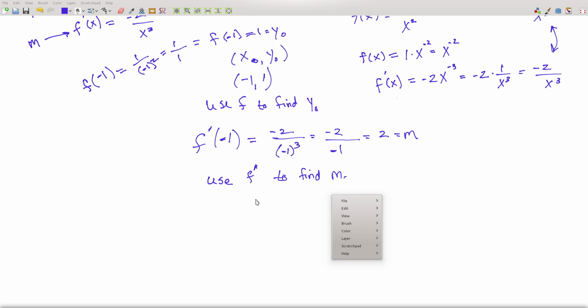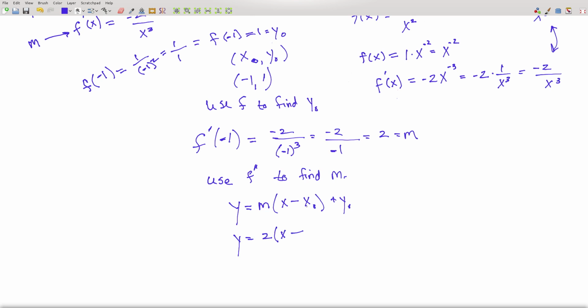And now can we plug these into the equation? Let's plug it into the point-slope form. Just to remind you, this is the point-slope form of an equation: y equals m times the quantity x minus the x-coordinate, plus the y-coordinate. We now know all of these. So we have y equals, what was the slope? The slope was 2, which we used the derivative to find. So it's 2 times the quantity x minus, what is the x-coordinate? They gave us the x-coordinate: x equals -1.